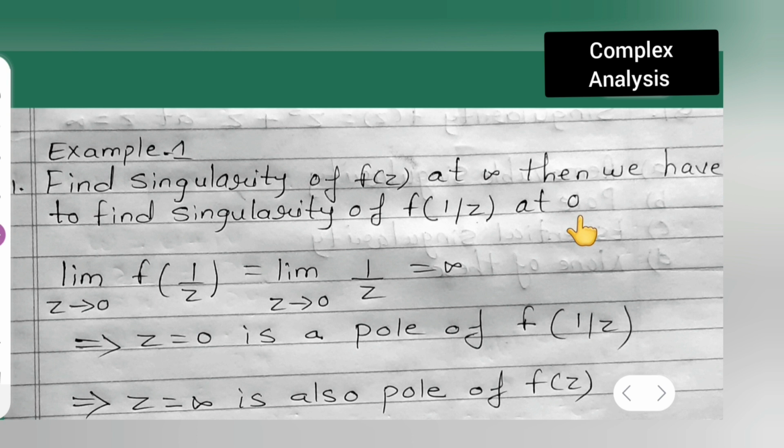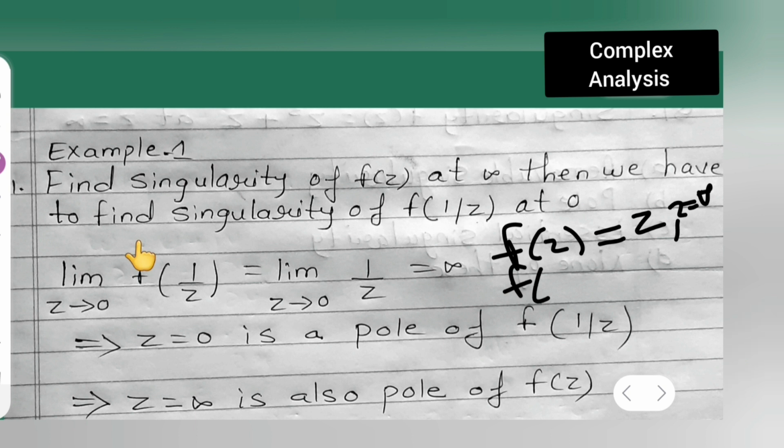First, what is given, f of z is equal to z, right? That is z is equal to infinity. So f of 1 upon z, so replace z by 1 upon z. Okay, so that will be at z is equal to 0.